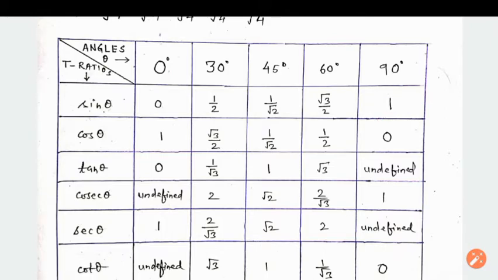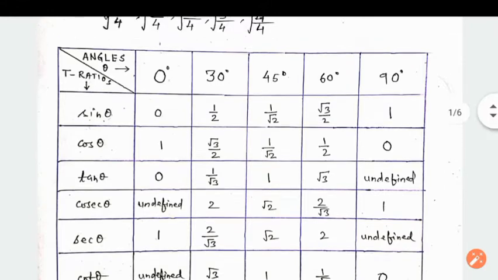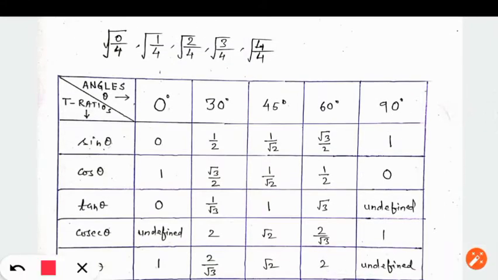Now the thing is, how did these values come? With the help of triangles, right angle triangles, we found out what is sine 0 degree, what is sine 30 degree, what is cos 45 degree, like that.